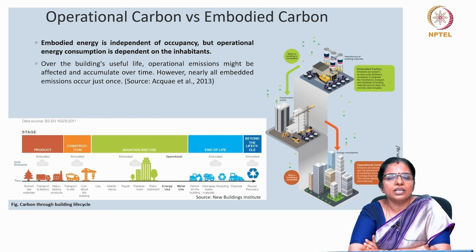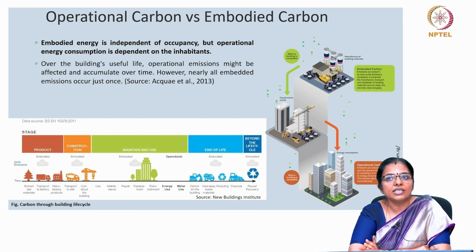So, the energy needed to run appliances like lights, ventilation, air conditioning, heating, cooking, cooling systems, etc. is known as operational energy. Embodied energy is independent of occupancy, but operational energy consumption is dependent on the inhabitants.